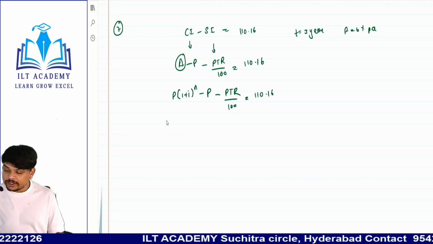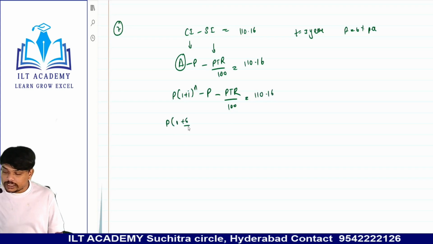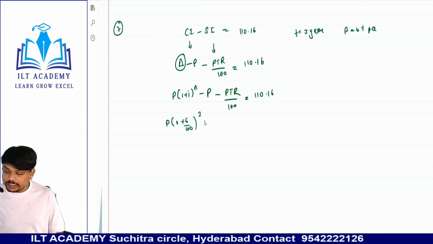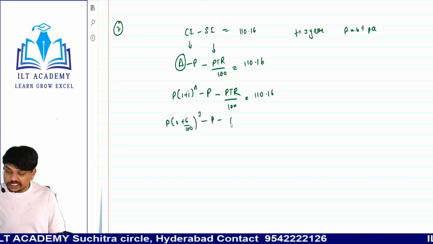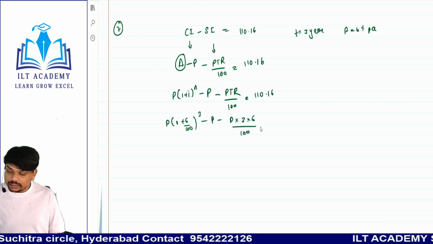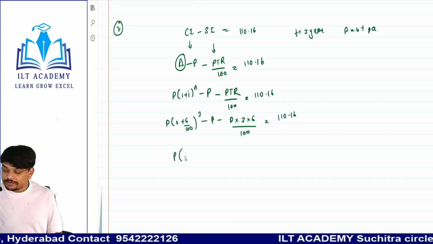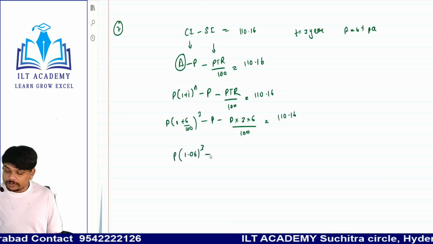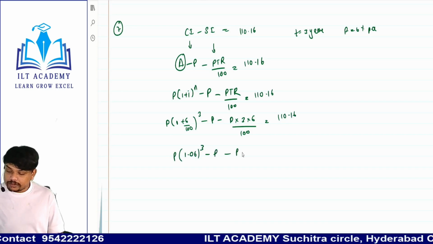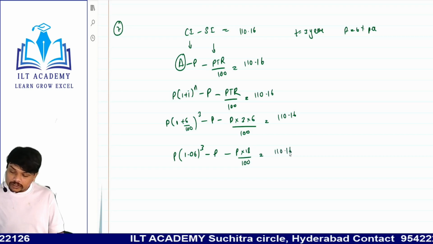Now we multiply P into (1 plus 6 upon 100) power 3, minus principal into time 3 into rate 6 upon 100, equal to 110.16. So P into 1.06 whole cube minus P into 18 upon 100 is equal to 110.16.